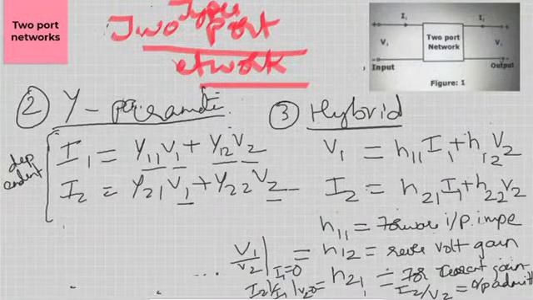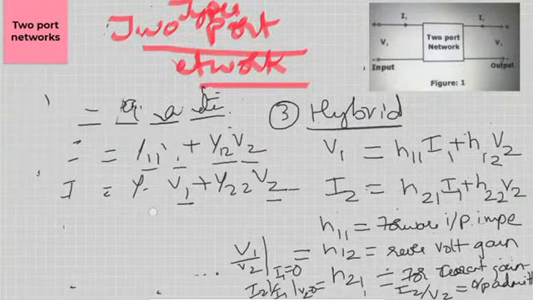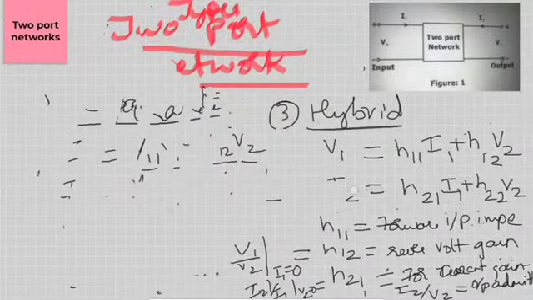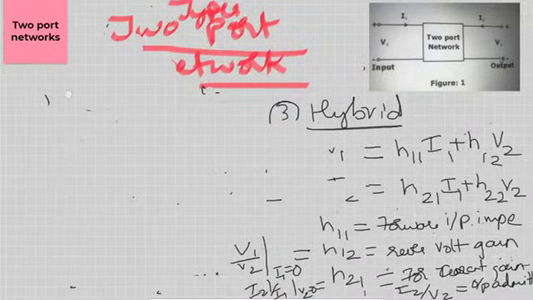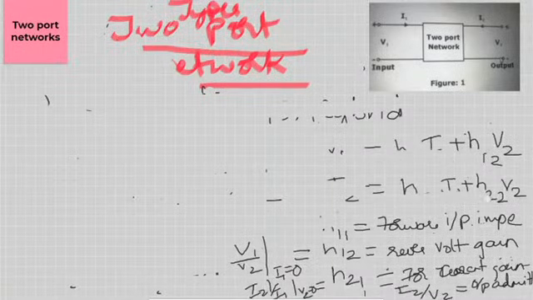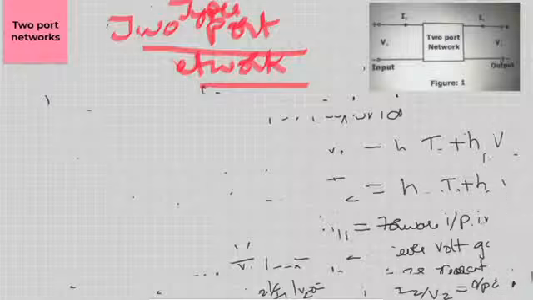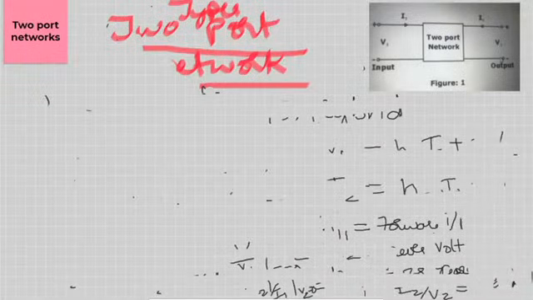If you know why we are using it, where it is used, why it is used, then I am pretty sure you need not memorize all these equations every time you are trying to solve. You need not recollect whatever you have memorized. If you understand what is used where, why we need to go for hybrid, why we need to go for Y parameters, then automatically you will be able to write the equations for Y.